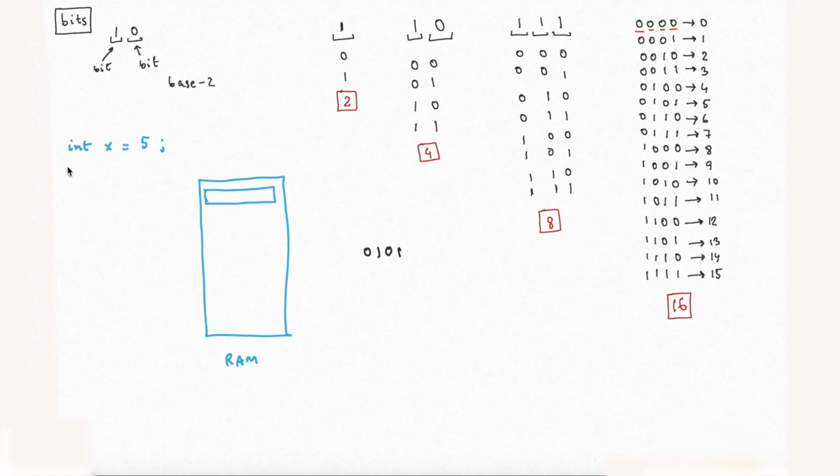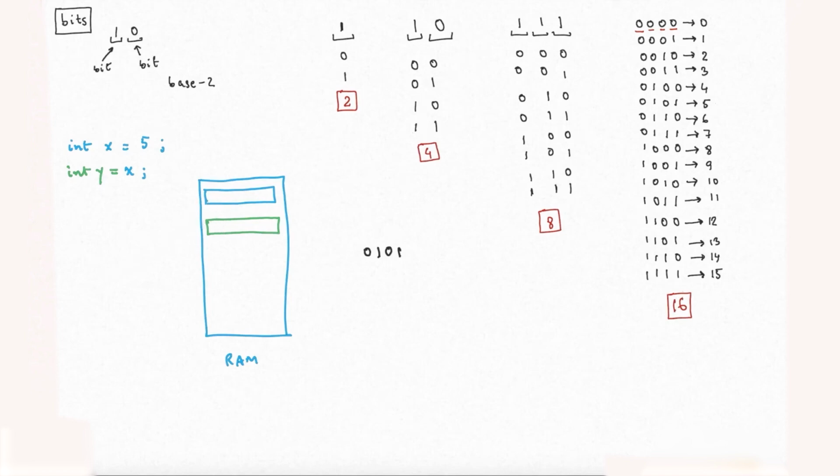Now let's say you create another variable y and you say y equals x. What's going to happen? Another memory location exactly 32 bits long would be allocated for y. And then every bit from x will be copied to y.